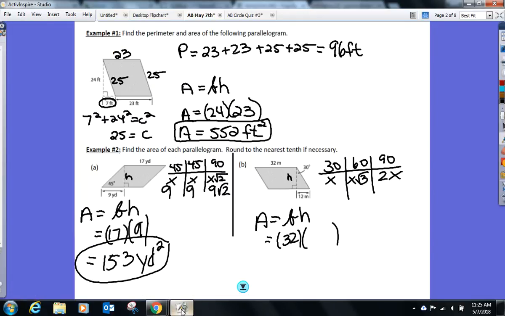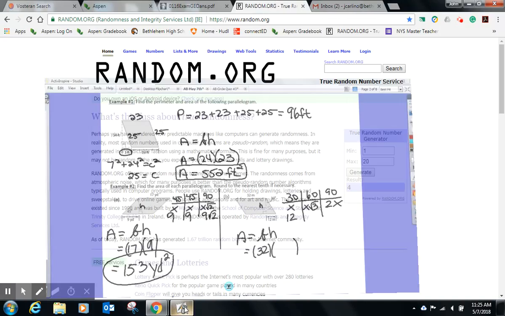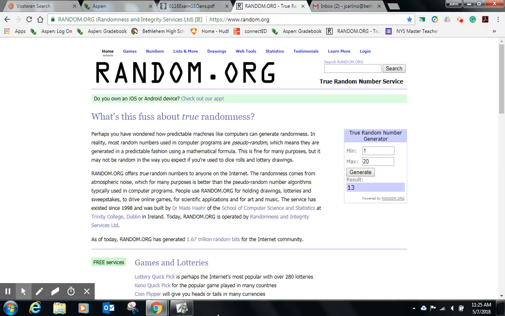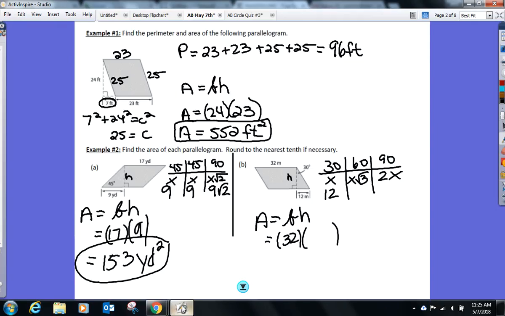4. Where's the 12 across from? Okay. Anybody want to fill in the rest for me here? 13, want to fill in the rest? Nope. How about 12? Fill in the rest. Okay. Emma, where is the height across from? The 60, so height's 12 radical 3.